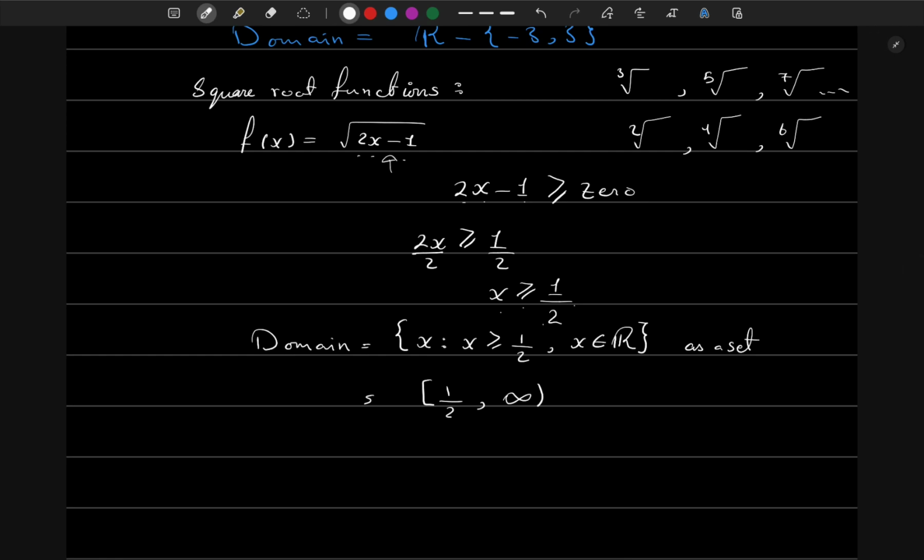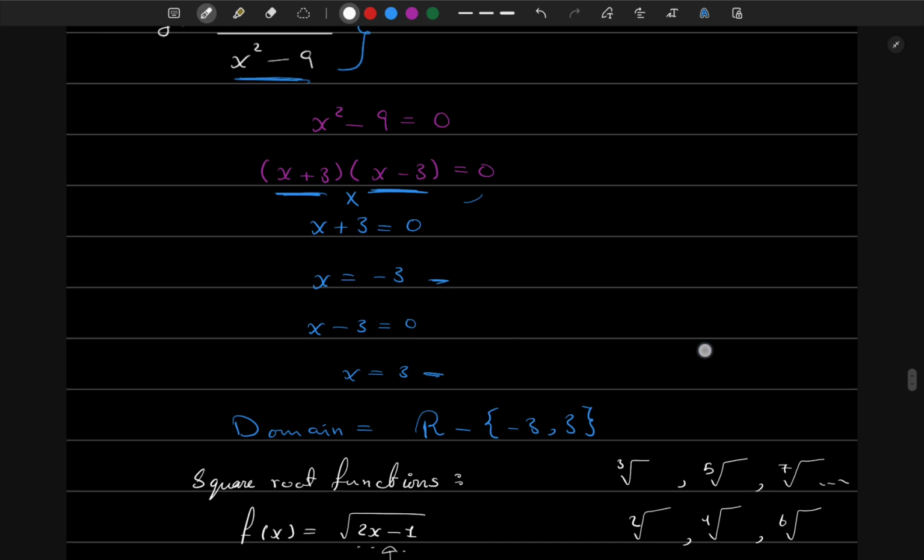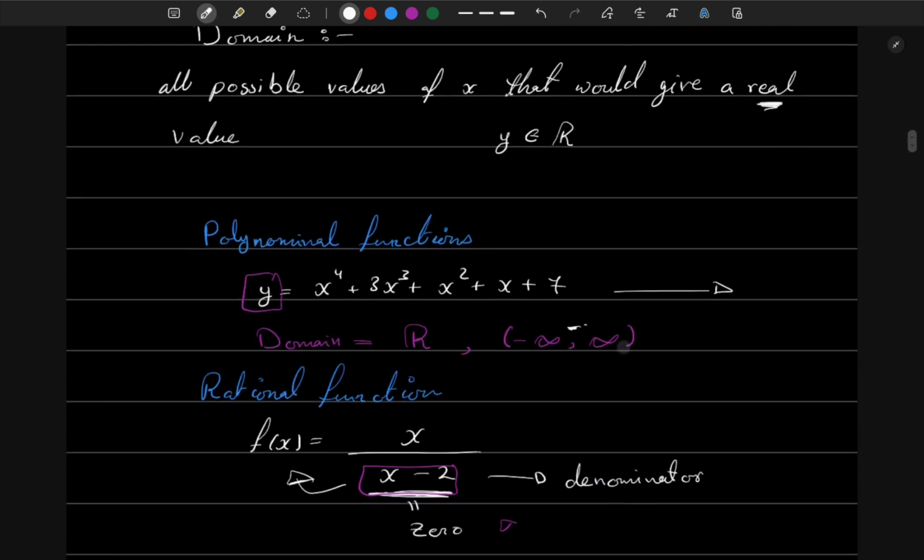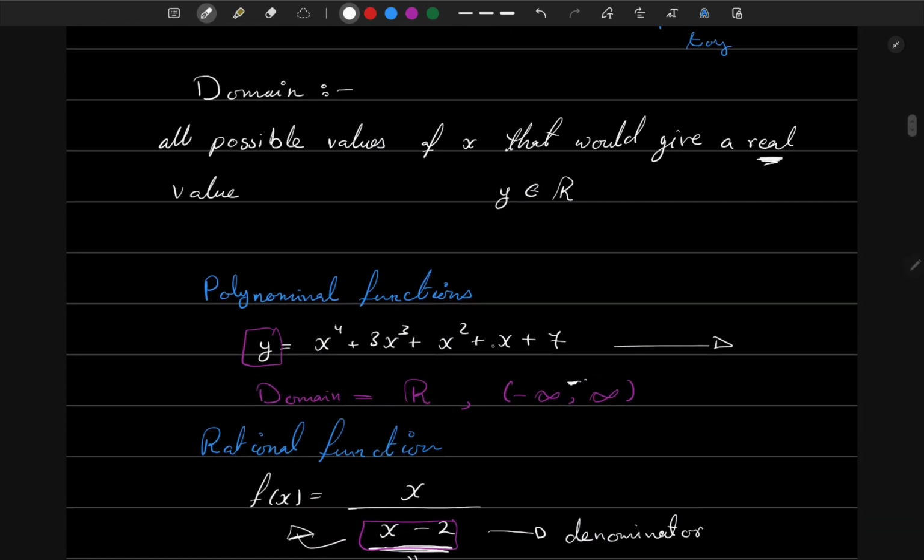And this is basically how we find domains for square root functions. Now again, what if I have a polynomial function, but in one of the terms I have x under the root, or the variable under the root? Then I have to make sure that I don't have a negative number under the root.